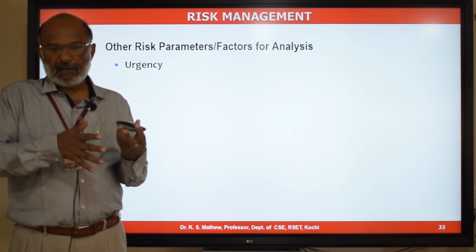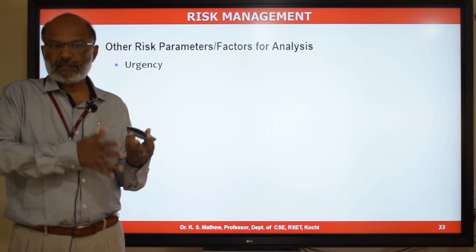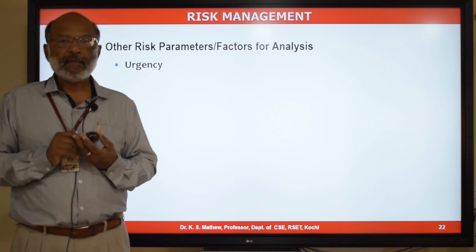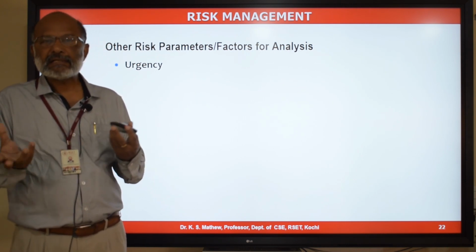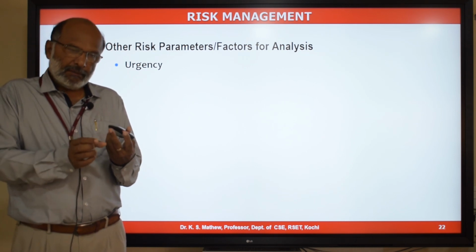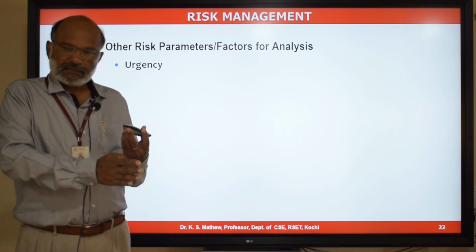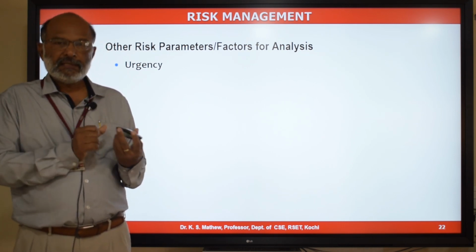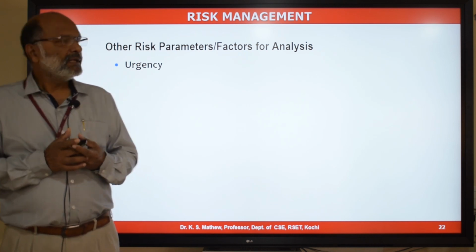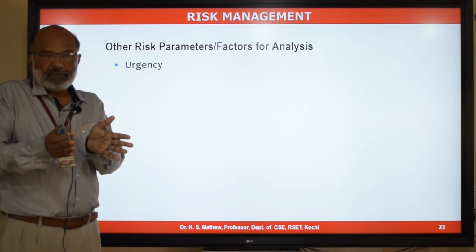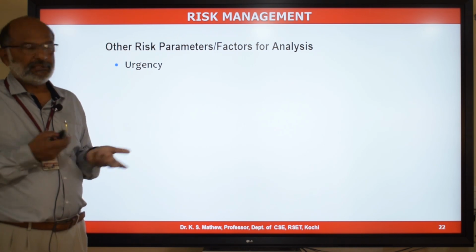If the time available for you to take action once the risk occurs is long, then it is less critical. If the time available from the occurrence of the risk to the action taken is very less, it is a critical risk, right? So the urgency is very high if the time is very short for you to take action.